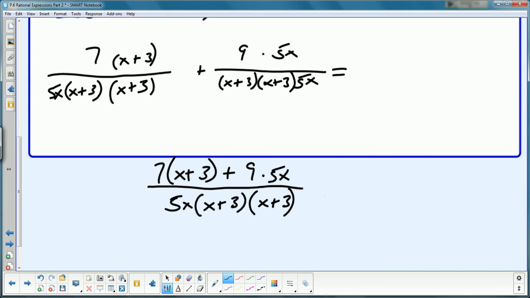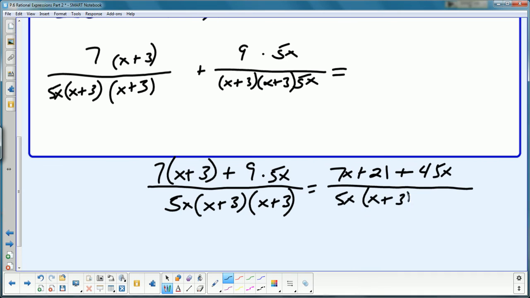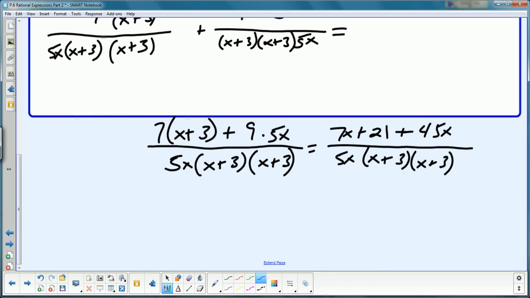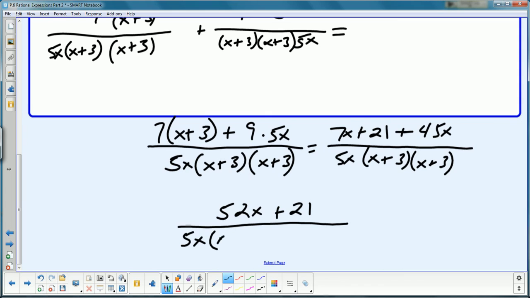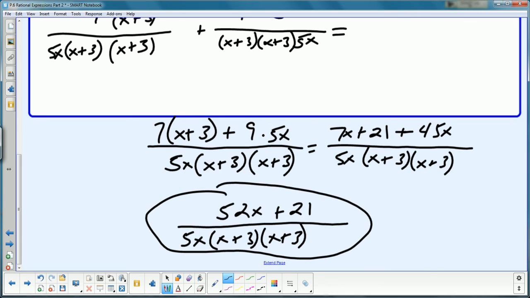So we need to distribute that 7, which will give us 7x plus 21, plus 9 times 5x is going to give us 45x, all over our lowest common denominator. Then the last step, we just need to combine like terms. So 7x and 45x is going to give us 52x plus 21, all over our LCD, which is 5x and x plus 3 and x plus 3. Okay, and that would be the sum when we don't have a common denominator. We had to create a common denominator.